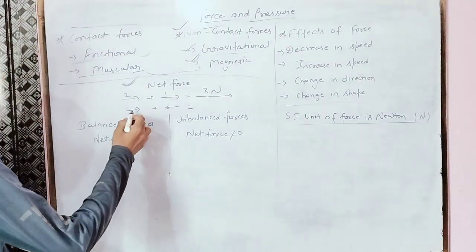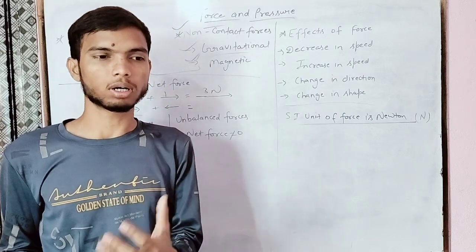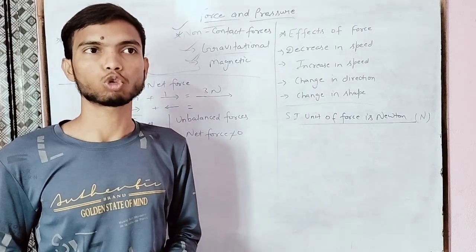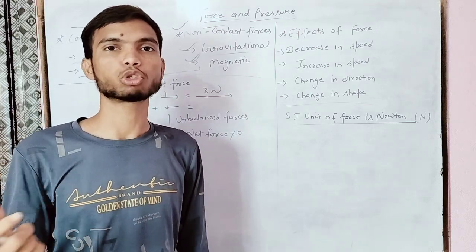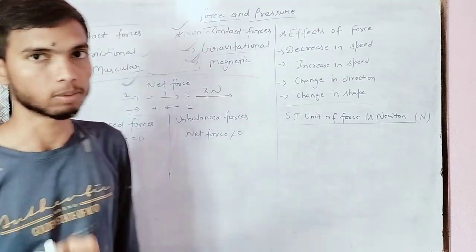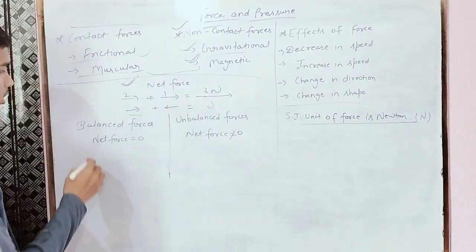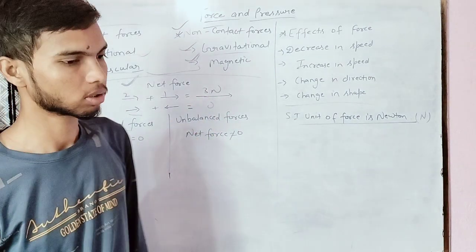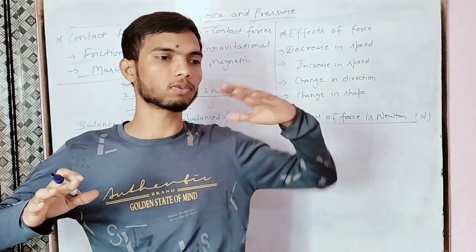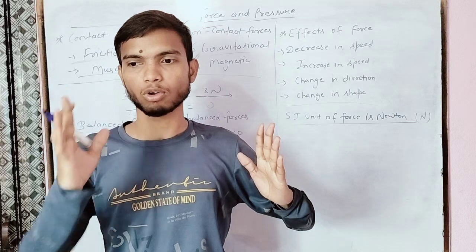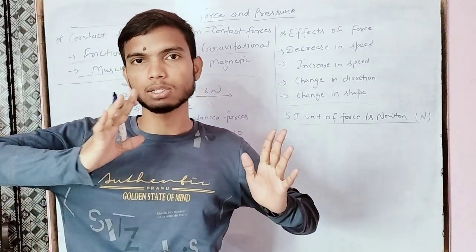Now this is the opposite direction. When the forces of two objects are pushing each other in opposite directions, the net force will be 0. So of course it is a balanced force. One object is pushing from this side, one object from this side, and this hand is also applying force.